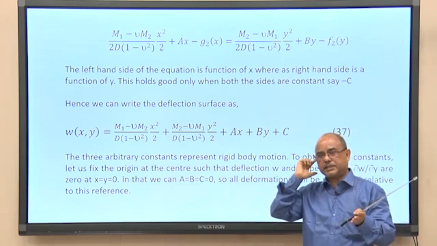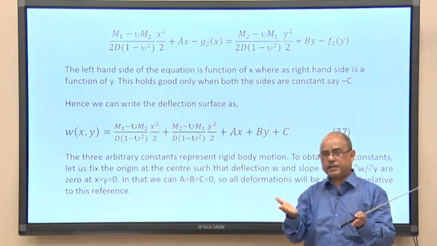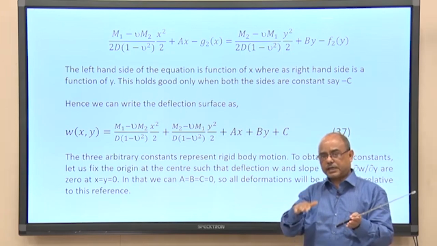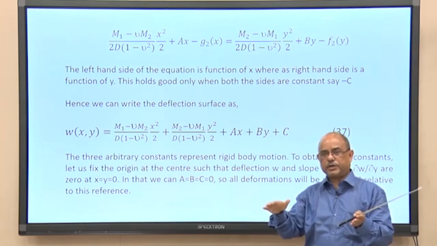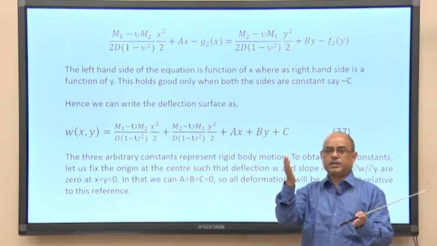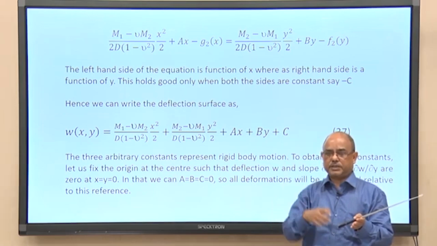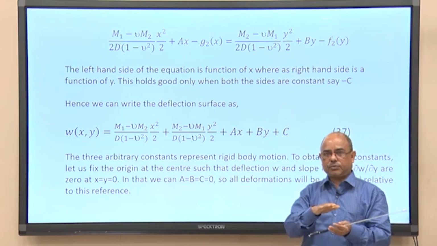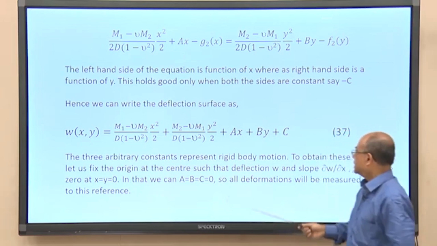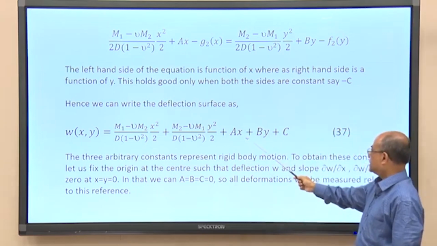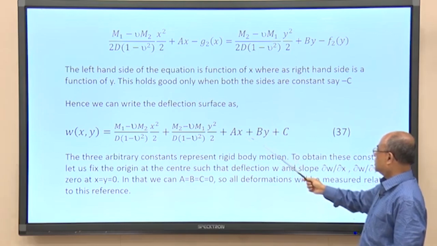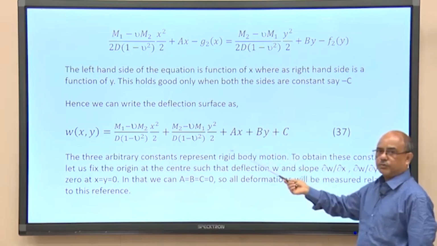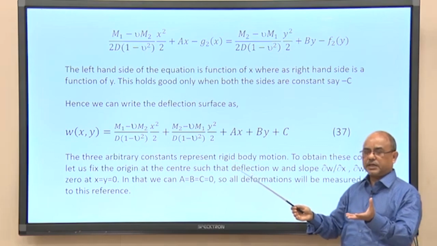But these constants can be eliminated if we take the center of the plate as the reference point from which the deflection or slopes are measured. So, if I take the origin as the reference point, then I get that at x is equal to 0, y is equal to 0, the slope and deflection will vanish because it is a symmetrical bending.